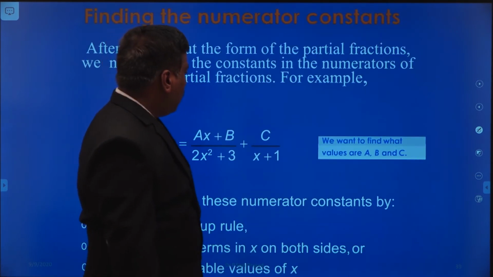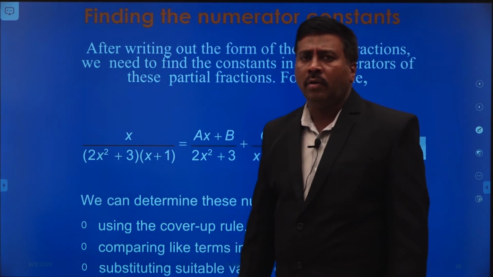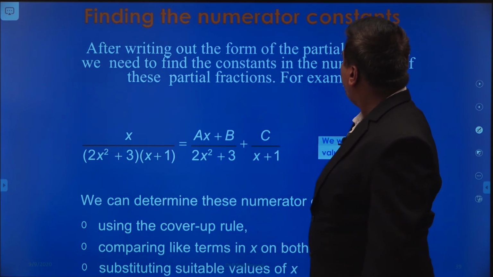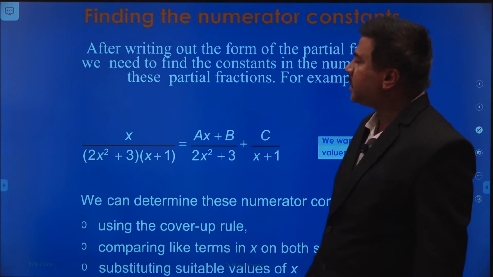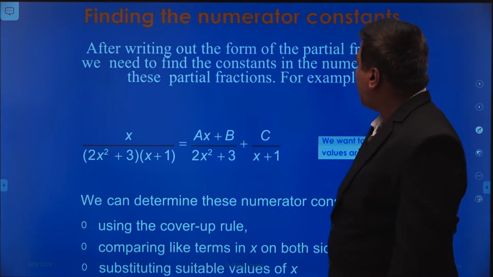Today onwards, there are several techniques for finding the constants a, b, c. So find the numerator constants. After writing out the form of the partial fractions, we need to find the constants in the numerator of the partial fractions.